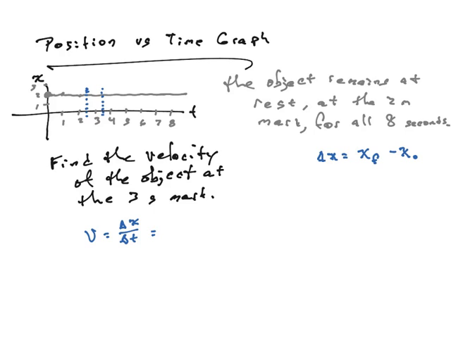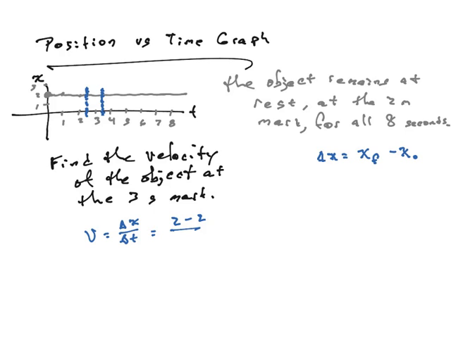So when I have delta X for the 3-second mark, I'd say, okay, just after the 3-second mark, that's my final position. Where am I? I'm at the 2-meter mark. Minus the initial, well, what's happening just before? I'm also at the 2-meter mark, so that's 2 as well. So final minus initial, I got to 2, and I started at 2, so 2 minus 2, divided by the change in time.